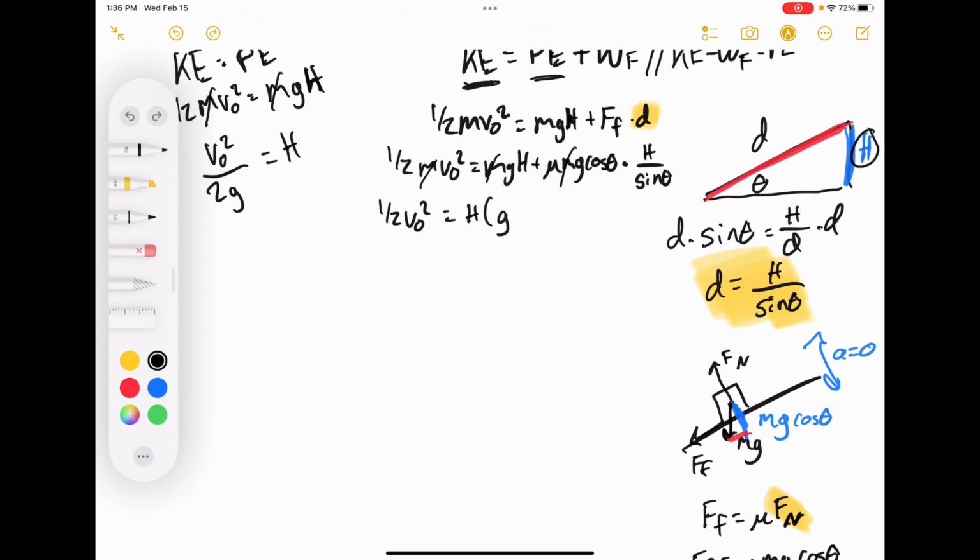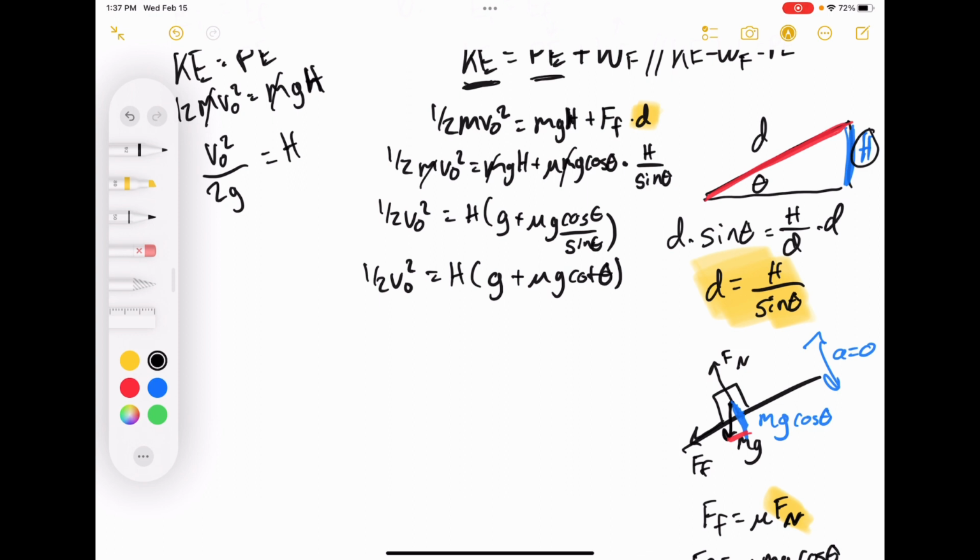So I have H times g plus mu g cosine theta divided by sine theta. And you'll notice that cosine theta divided by sine theta is actually a trig identity, so I'm going to go ahead and simplify that. So I have a capital H, g plus mu g cotangent theta. That's not something you really have to do, but it makes it a little prettier. But you wouldn't necessarily get taken off points for not making that change.